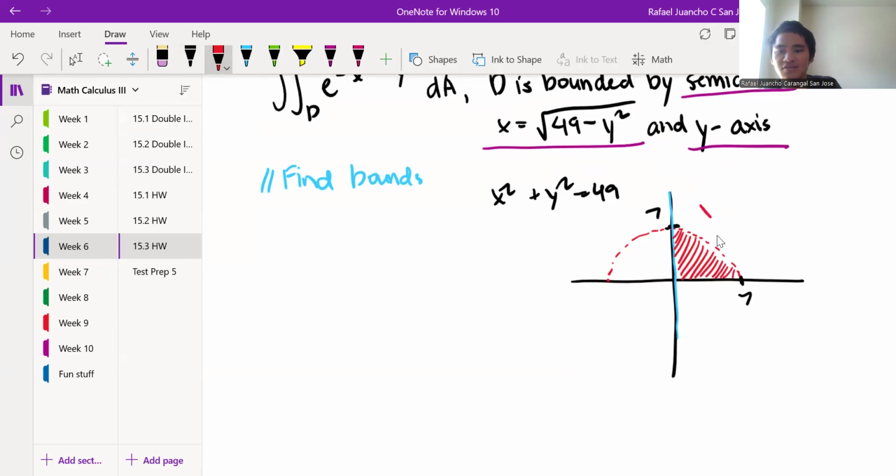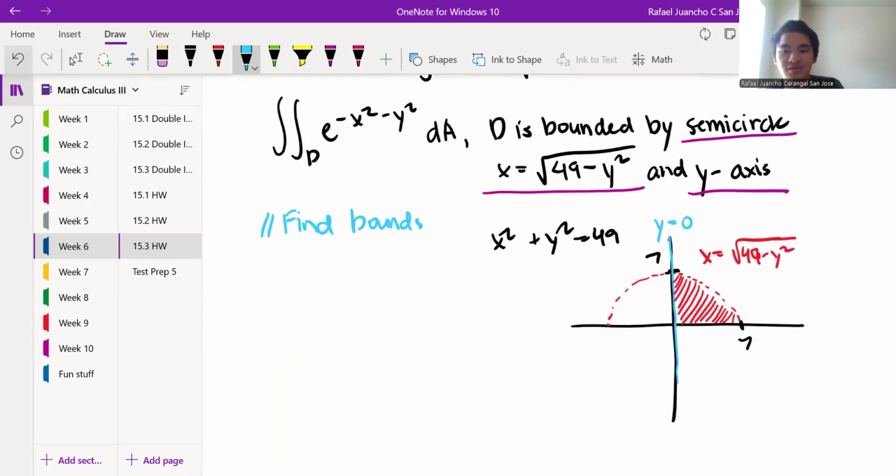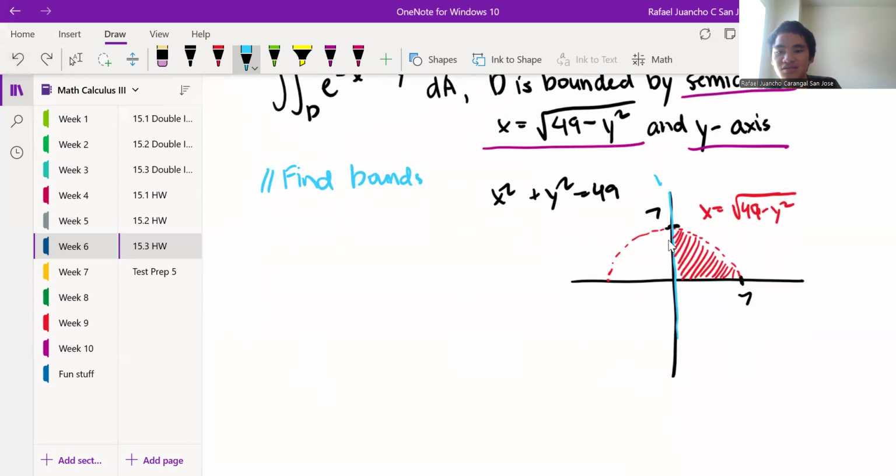This whole thing is x equals square root of 49 minus y squared. This one is x equals 0, my bad, because the y-axis is when x is 0.